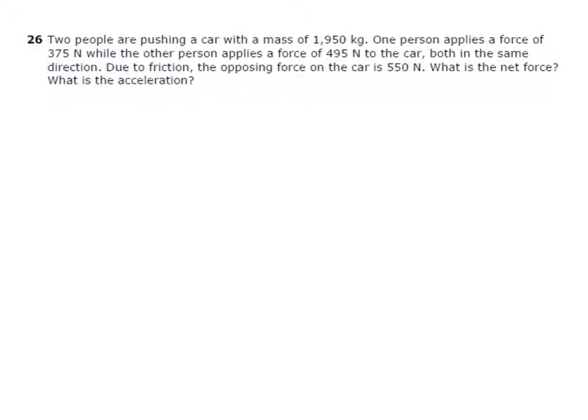Now let's continue with 26. So we have 2 forces that are acting together, 495 and 375. And then we have this force right here. This one is negative, so it's operating in the opposite direction.